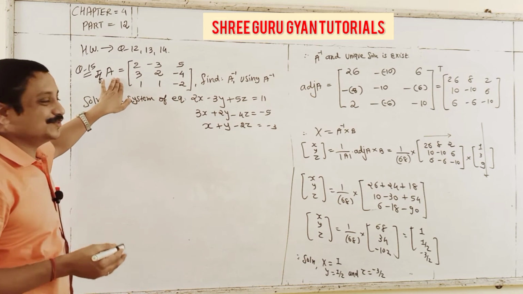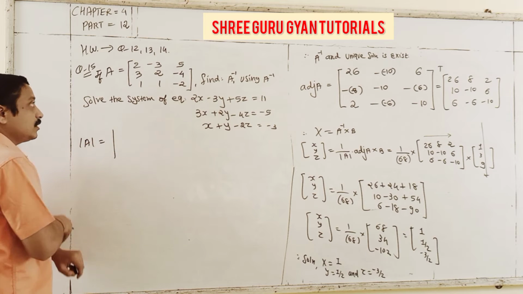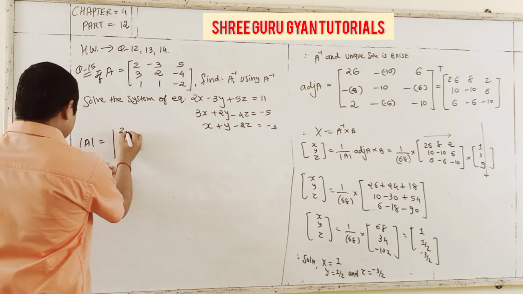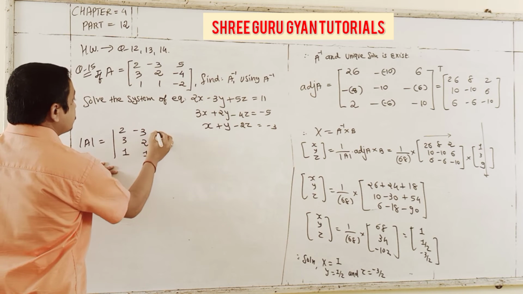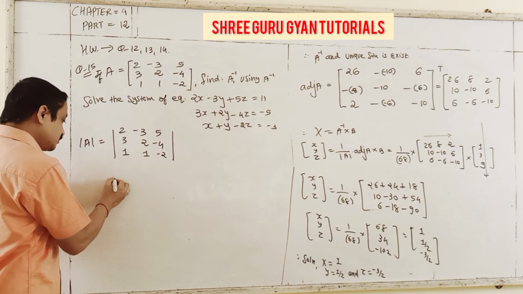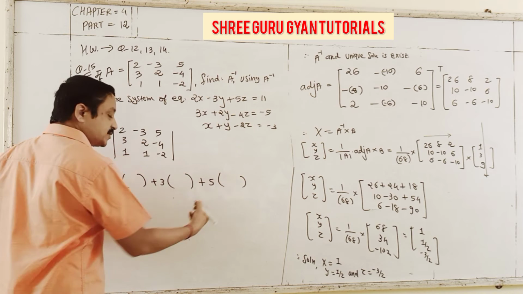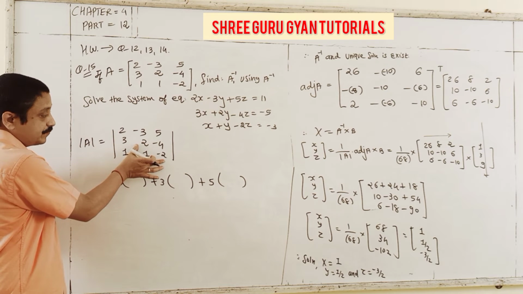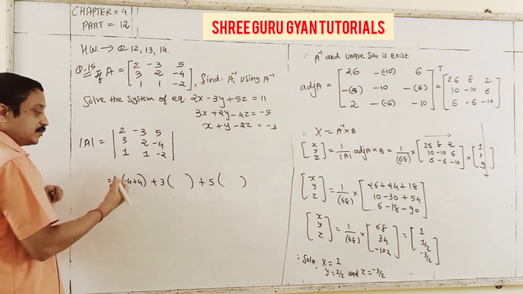So process you know very well. Do the determinant as it is: 2, 3, 1, minus 3, 2, 1, 5, minus 4, minus 2. In the determinant form, 2 times minus 4 plus 4.